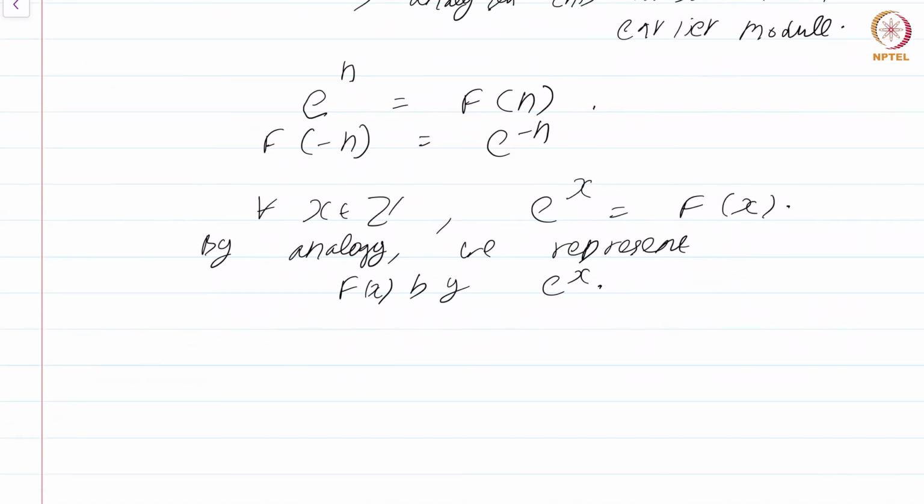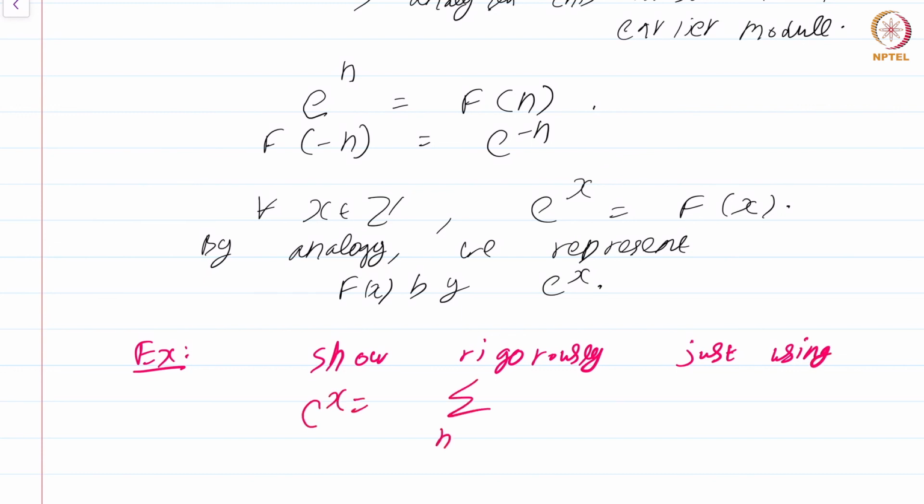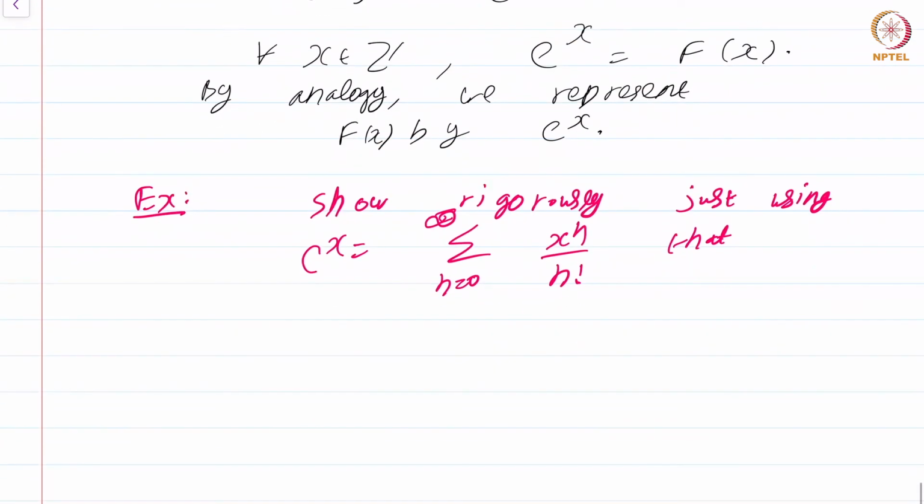Now I'm going to leave you with an exercise. Show rigorously, just using e power x equal to summation n equals 0 to infinity x power n by n factorial, that limit x going to infinity e power x by x power n is equal to infinity, for each fixed n.